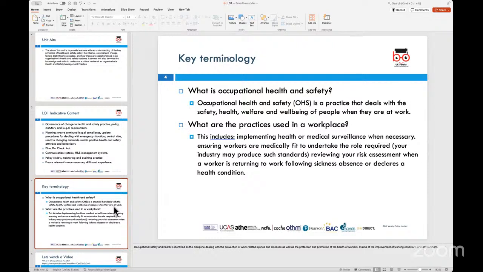When you talk about occupational health and safety, OHS in short form, this is a field or discipline which deals with safety, starting with health. So it deals with the health, safety, and well-being requirements of people working within a workplace.